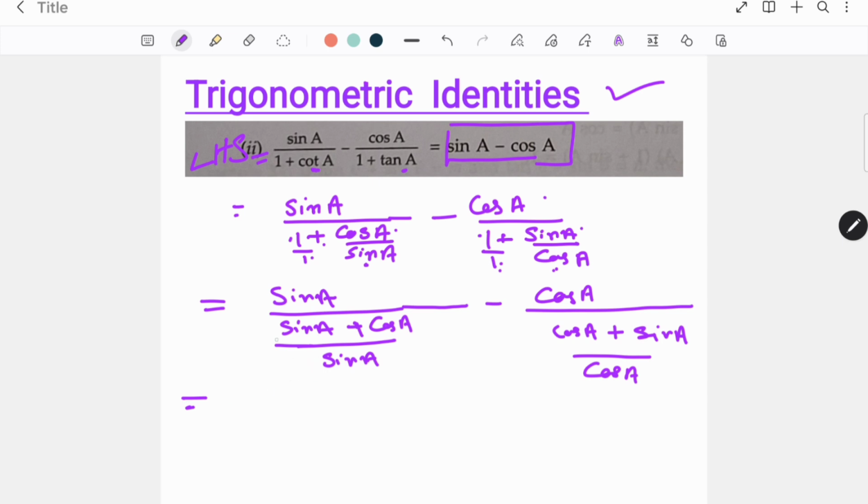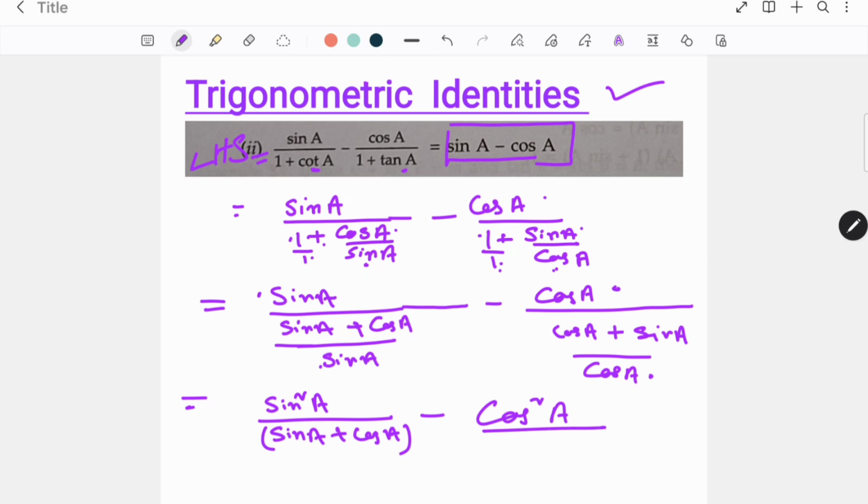Now this will be reciprocal, so sin a is here, and this sin a will go up, it will become sin square a, and down sin a plus cos a. Here also a minus, this cos and this one will be reciprocal, and it will go in the same place, so it will become cos square a by down cos a plus sin a.